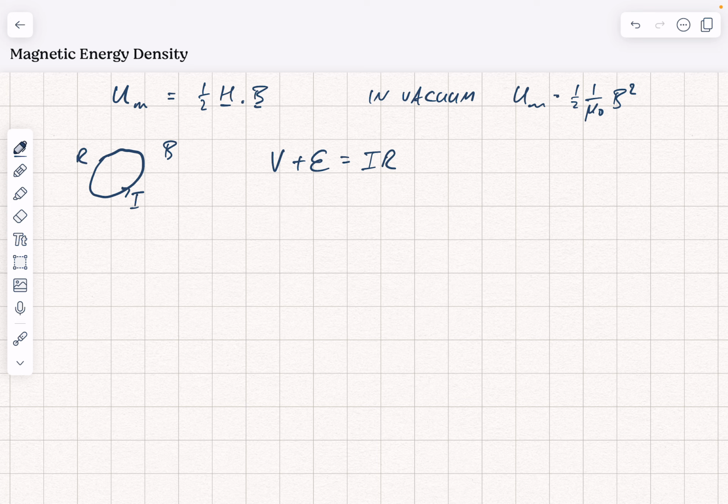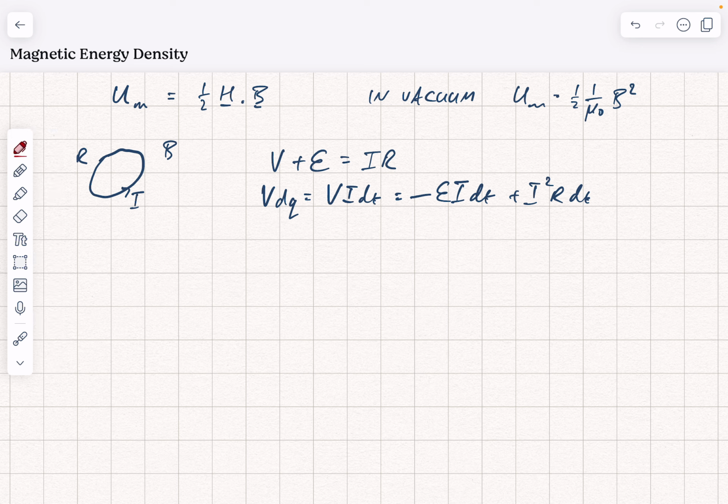In other words, if we think about the work that must be done to move a small piece of charge dq around the circuit, we can say that we would have V dq is equal to V I dt, if we're assuming that small charges are just the current for a small part of time, which is minus EI dt plus I squared R dt.